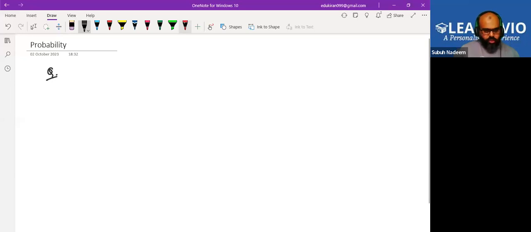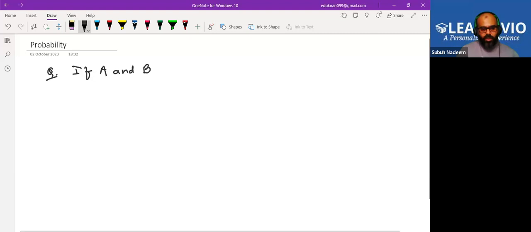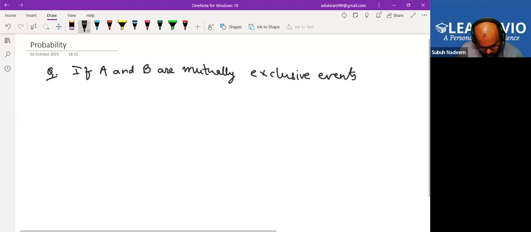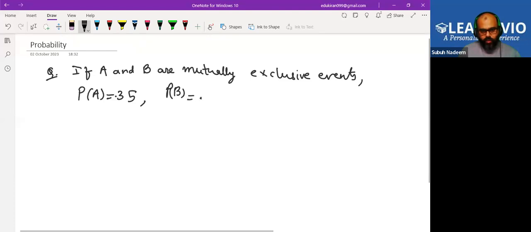If A and B are mutually exclusive events, probability of A is equal to 0.35 (sorry, probability cannot be greater than 1), and probability of B is 0.45.